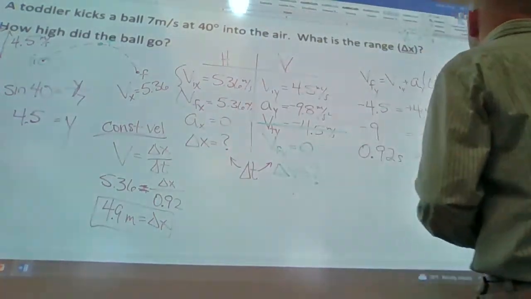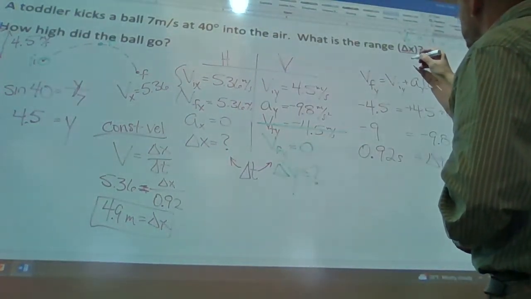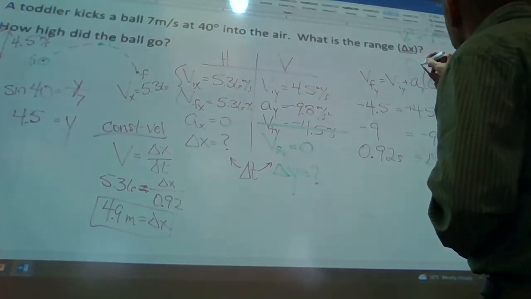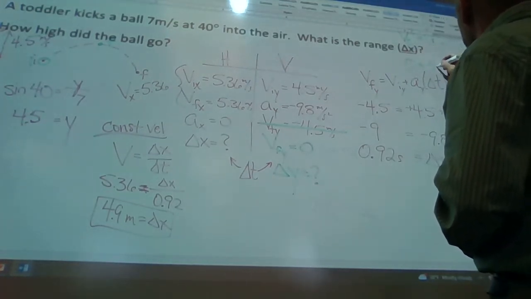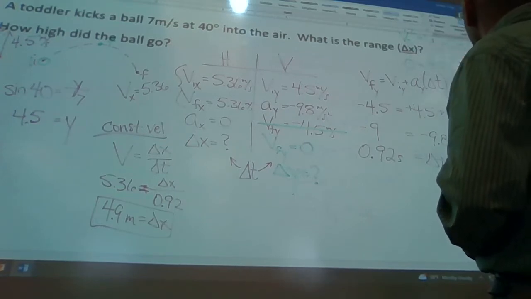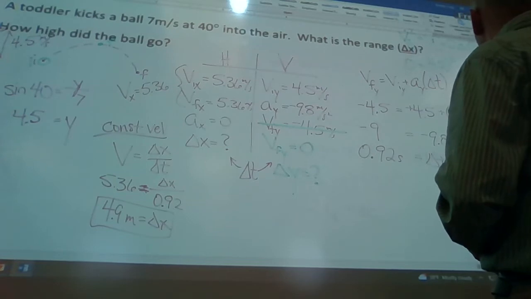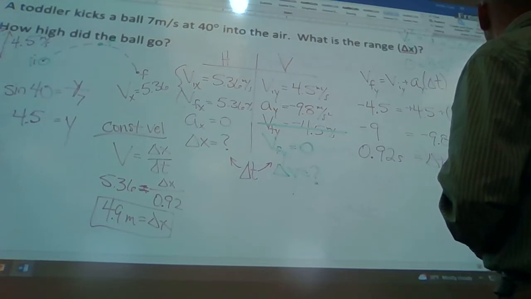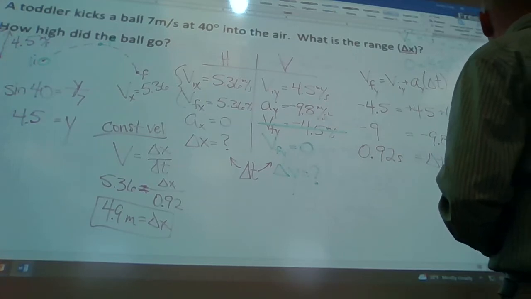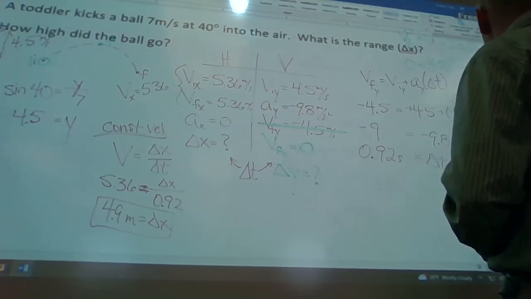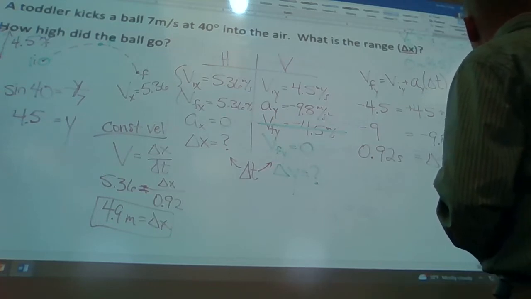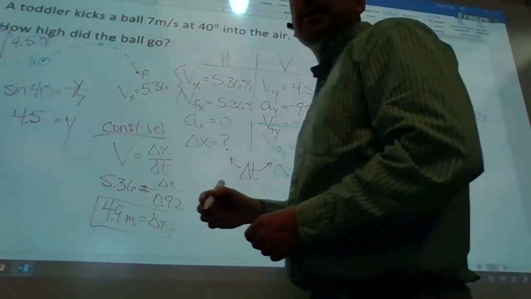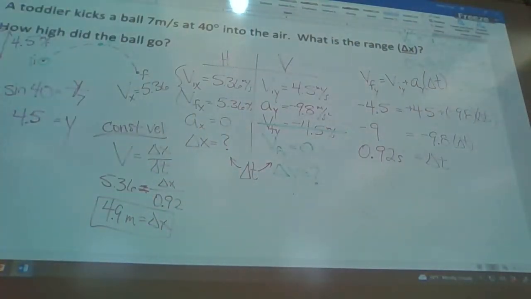Okay. I got 1.03. How do we do? Good there?